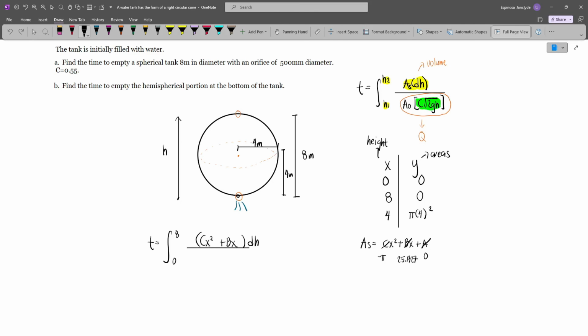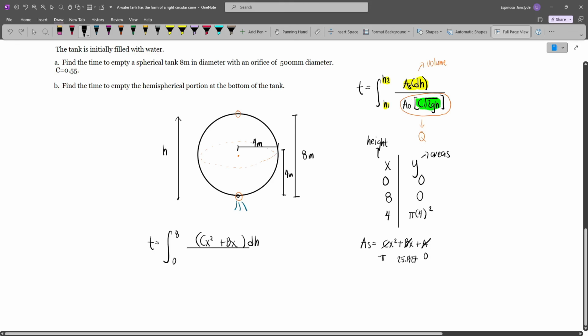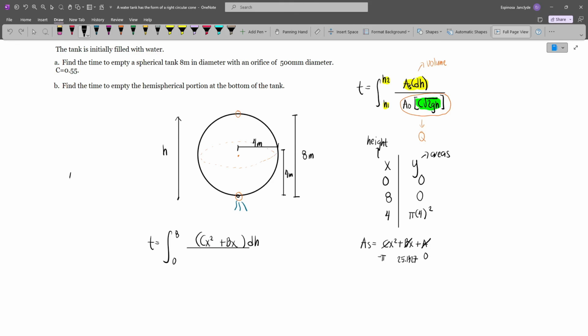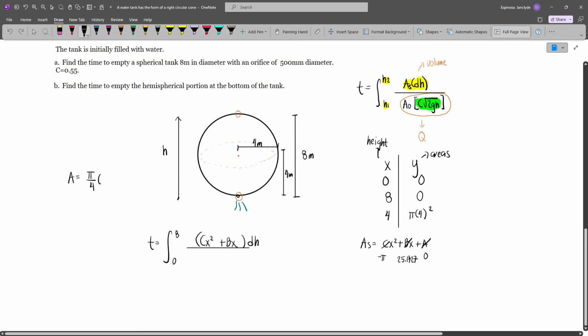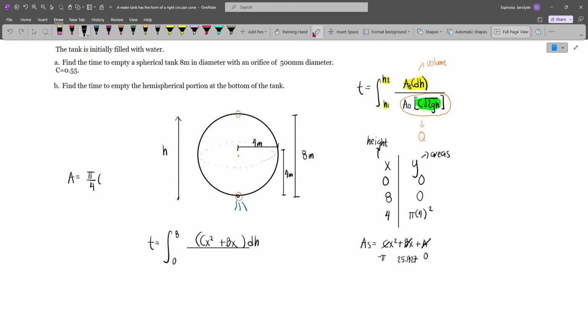And then we have the area of the orifice. Now, yung binigay dito is hindi area, but yung diameter. And so that means yung area natin is equal to pi over 4 times the diameter and then squared. However, notice na yung diameter natin is in mm. However, to be consistent with our units, kasi diba, this is m squared, and then yung gravitational constant is meter per second squared, we will actually need to convert this into meters.